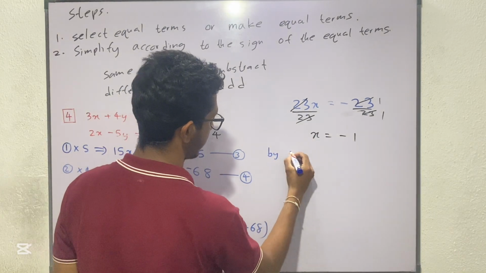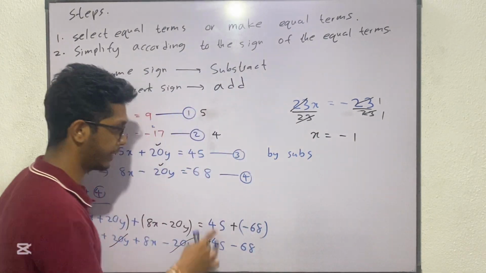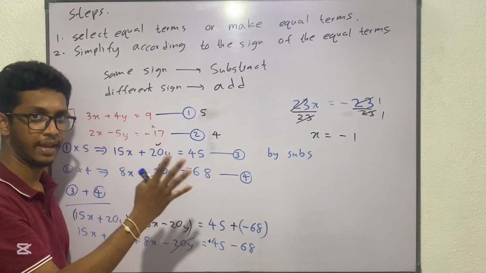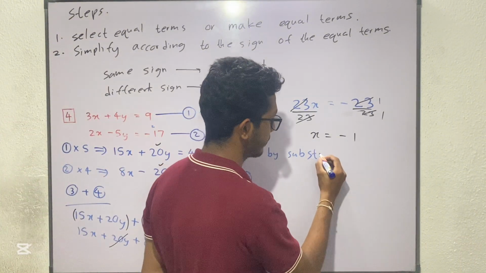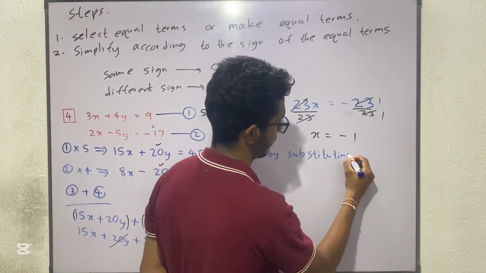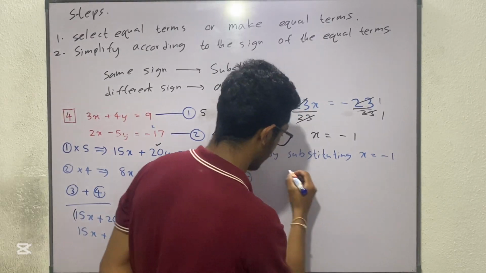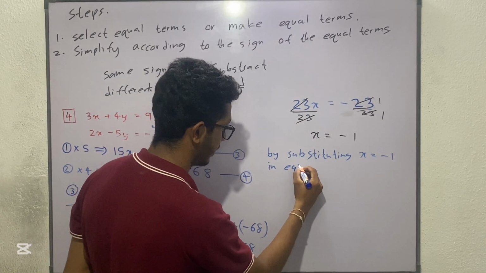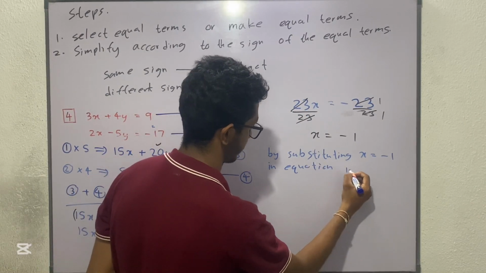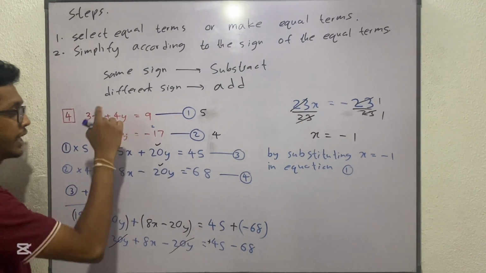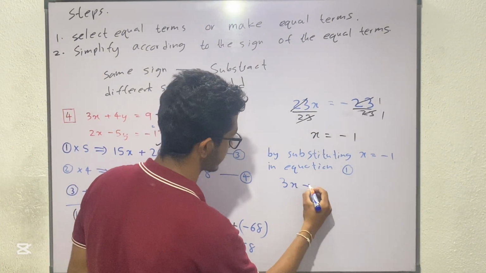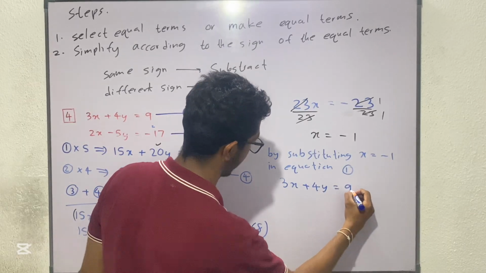I can substitute in the third one, fourth one, second one, any equation, but here I will take the first one. Substituting x equals minus 1 in equation 1. The first equation is 3x plus 4y equals 9.